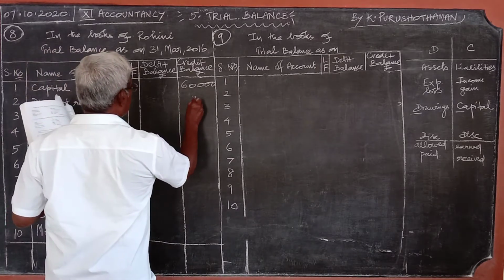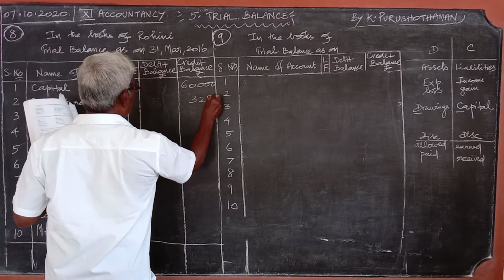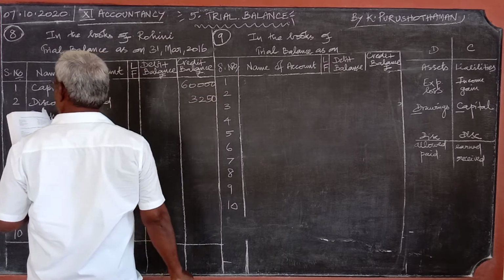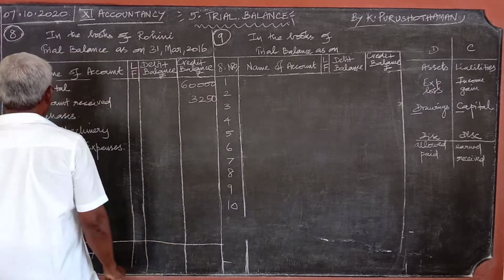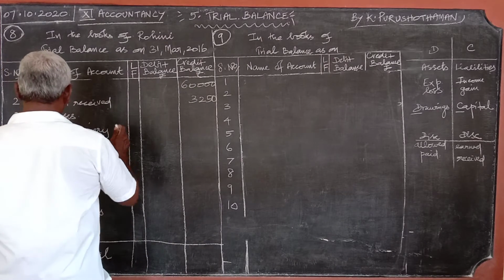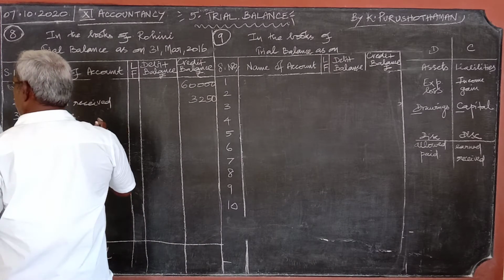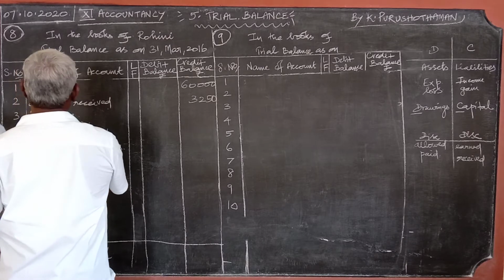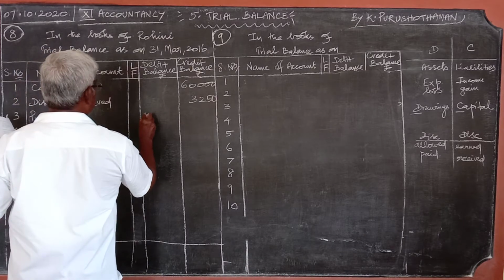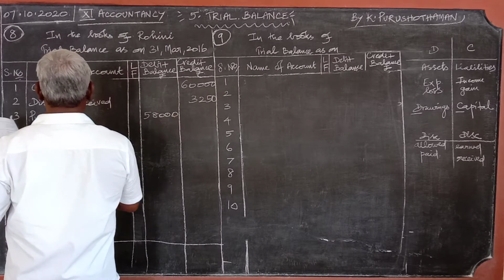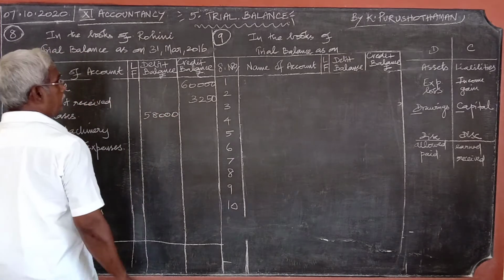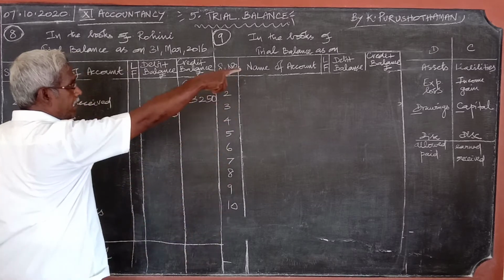3,250. Then purchases 58,000. Purchases, debit, sales, credit, I said. Purchases 58,000, debit. Then plant and machinery. Plant, machinery, they are all assets.